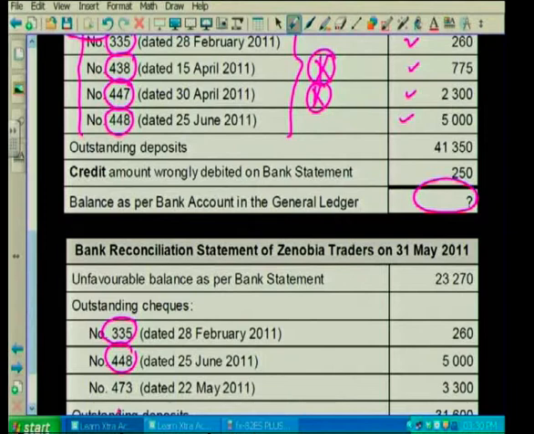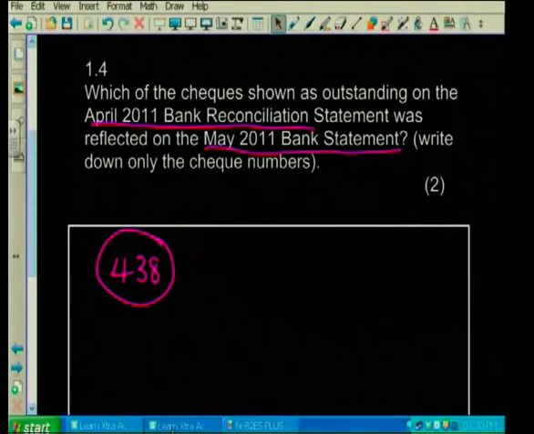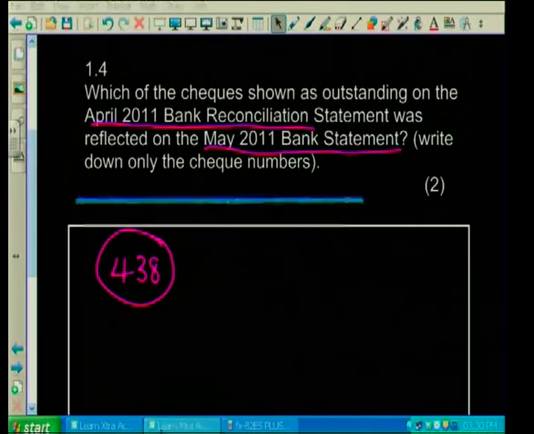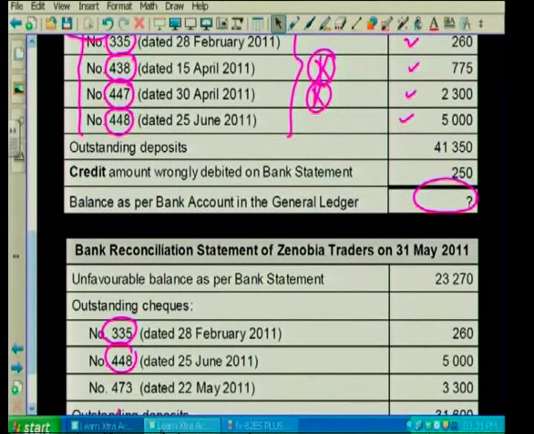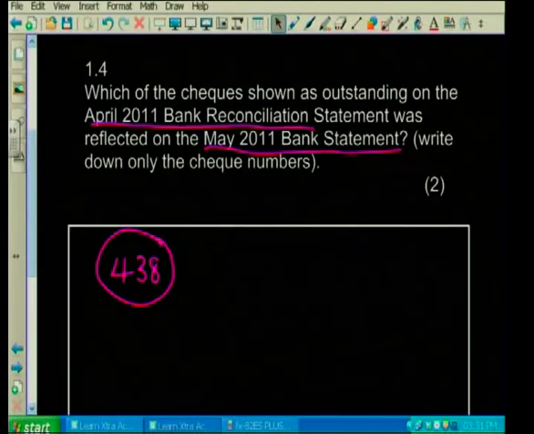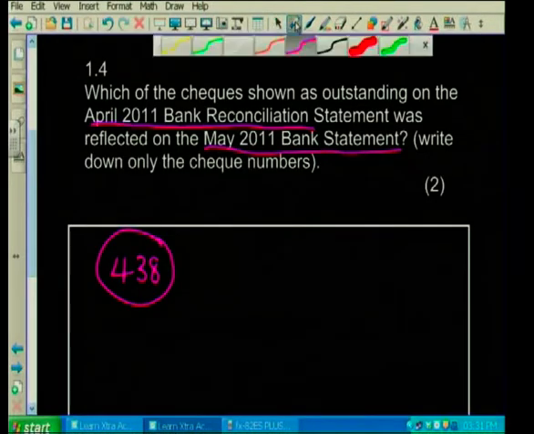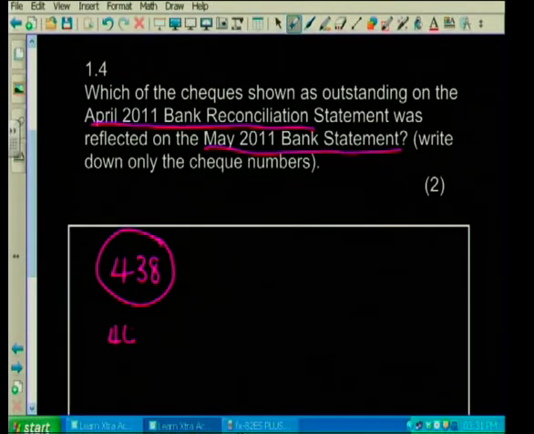Okay, what does this mean? Look at the question. Which of the checks shown as outstanding on the April bank reconciliation statement was reflected in the May bank statement? Come guys, watch this here. 438 and 447. In other words, what are we saying?